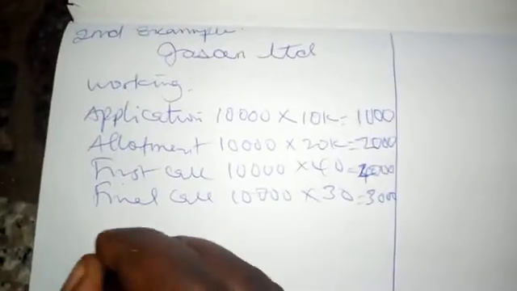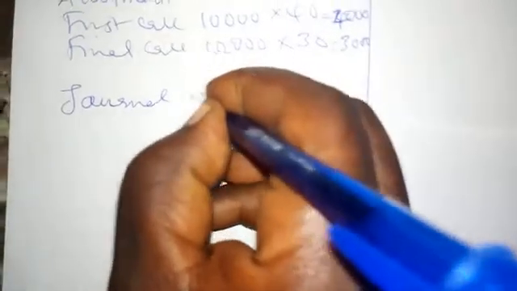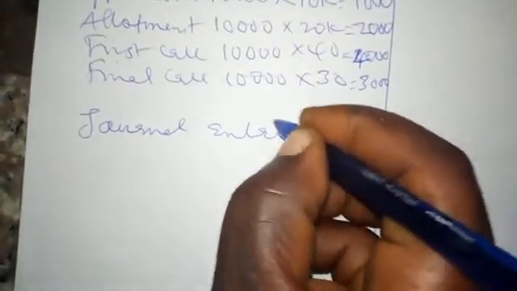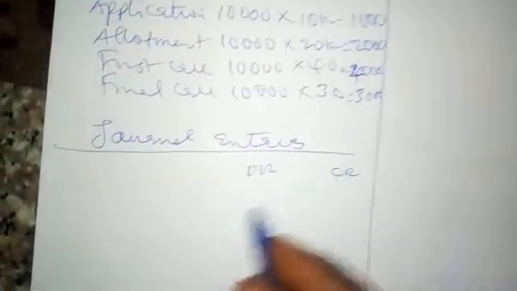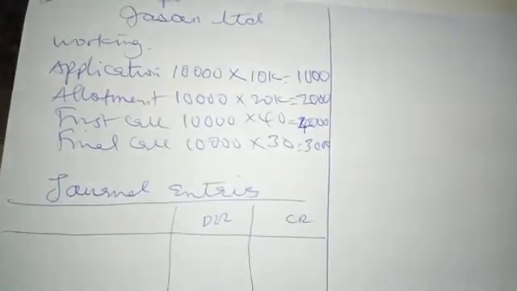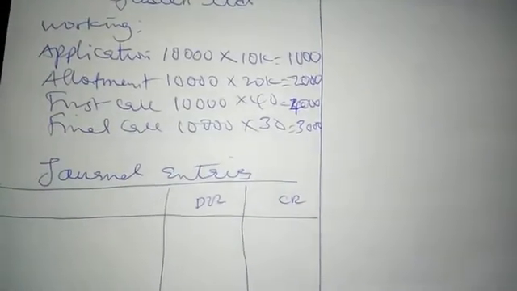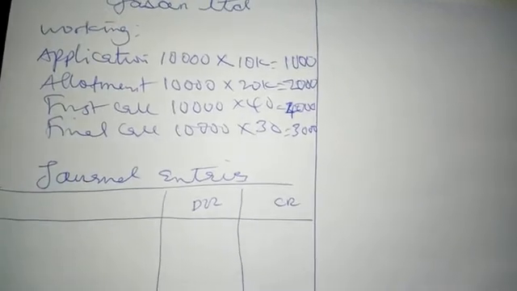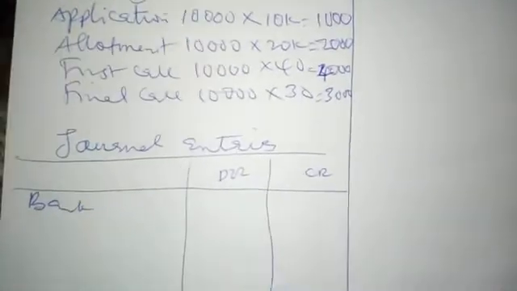So journal entries. You have your debit, you have your credit. Now, the first application, if you can recall, according to the format you are having, the money will be received all through the bank account. So you start with the bank for application.